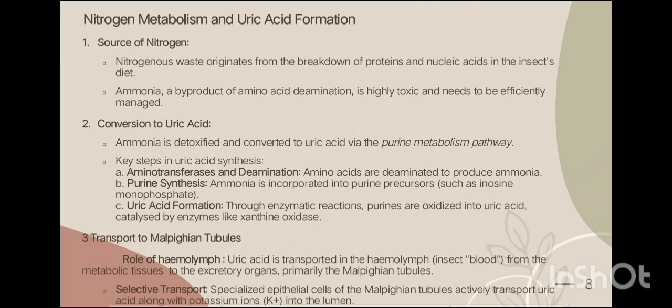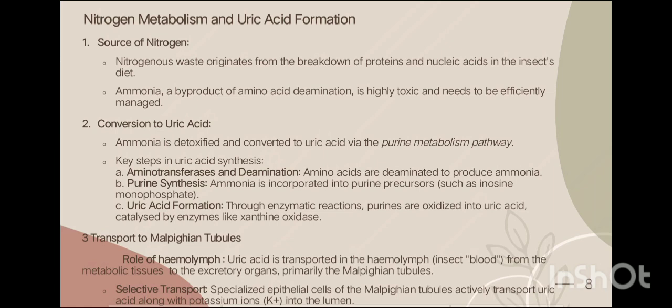In case of Malpighian tubules, we need to study about the role of hemolymph. We know that insects have hemolymph, in which uric acid is transported, that is the insect blood, from the metabolic tissue to the excretory organ, that is the Malpighian tubule. So through the hemolymph, this uric acid is transported to the Malpighian tubule, and it is a selective transporter.